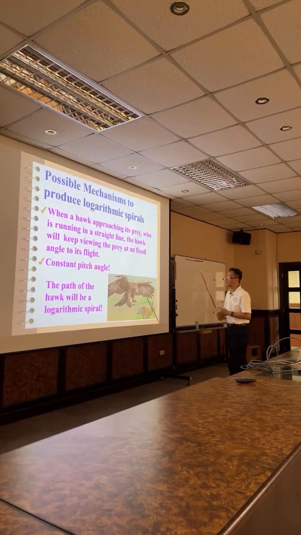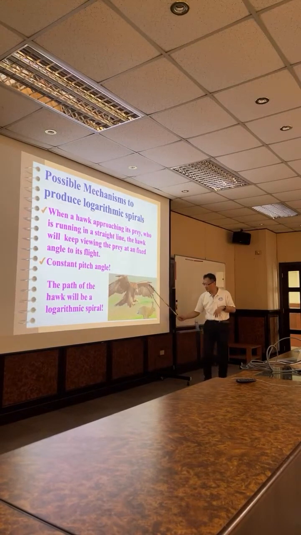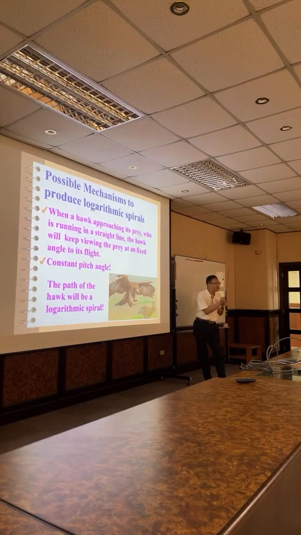If a hawk goes after its prey, like the hawk trying to catch a rabbit, the rabbit will run. Let's say it runs in a straight line, otherwise it's too complicated.